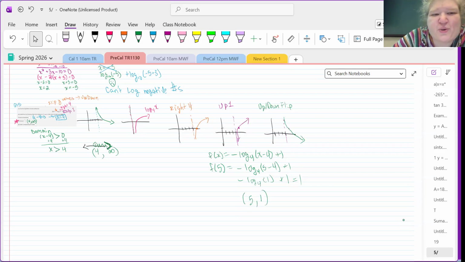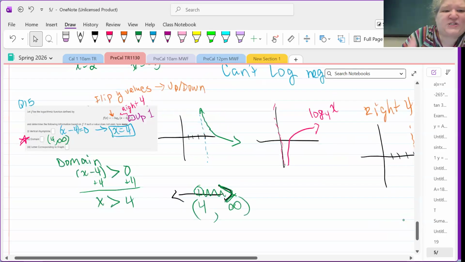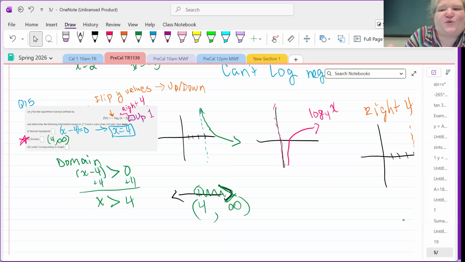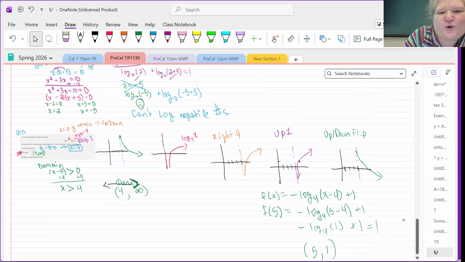Like this one, all they give you is an equation and we ask for the domain, and it's multiple choice. So you can look at it: x minus 4 is greater than 0, x is greater than 4, 4 to infinity, there's the answer. You don't have to write anything and you did a full complete thought process. It made sense, it was logical. So I'm not going to take off points if you don't do work unless you got it wrong.